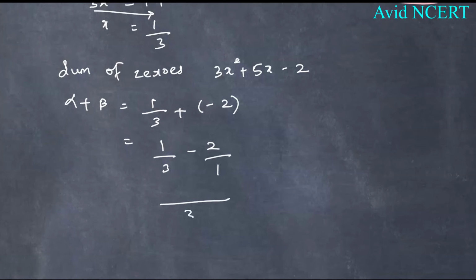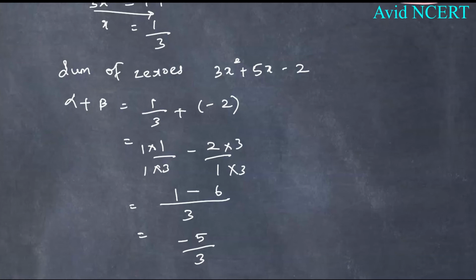The common term is 3, so the same number will be multiplied here. So 1, and minus 2 into 3 is 6, which equals minus 5 by 3. So the sum we have got is minus 5 by 3.